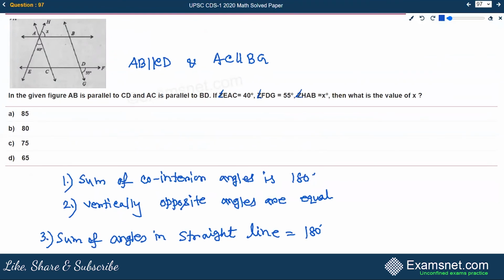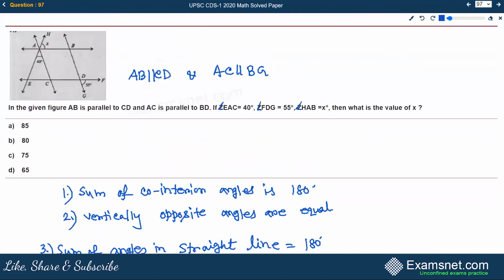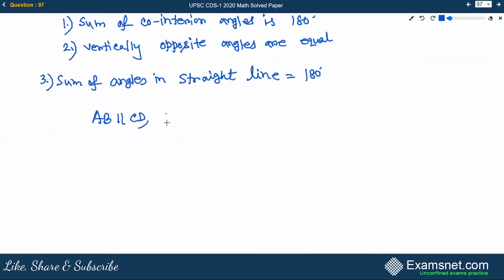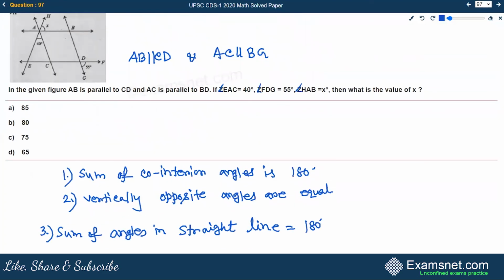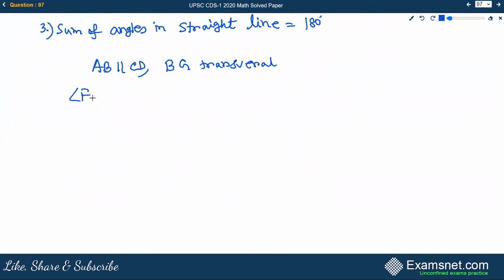So now look here, AB is parallel to CD, and BG is a transversal. So here angle FDG is equal to angle FDC.